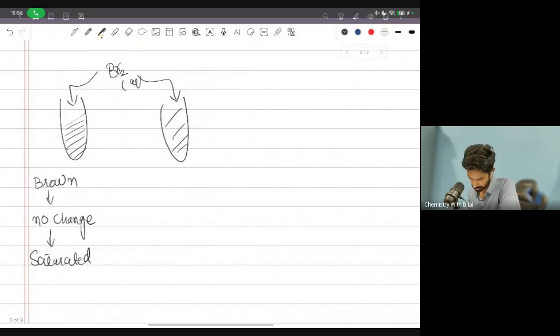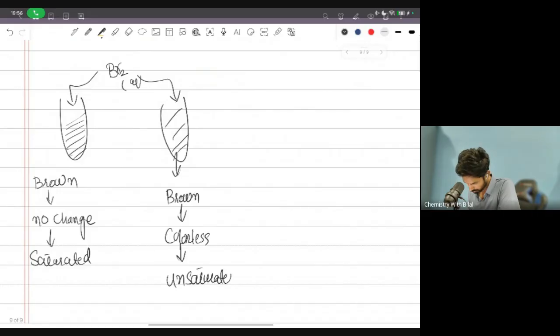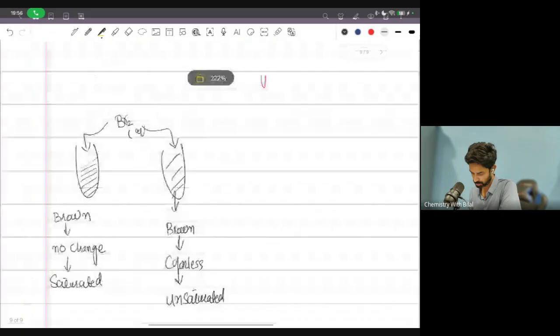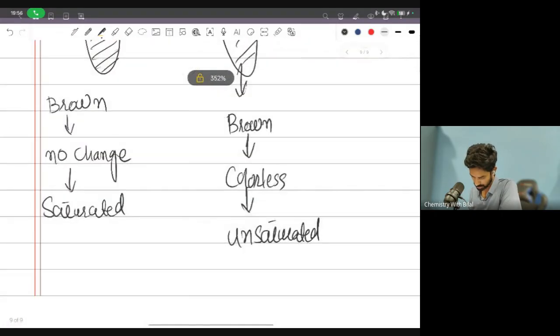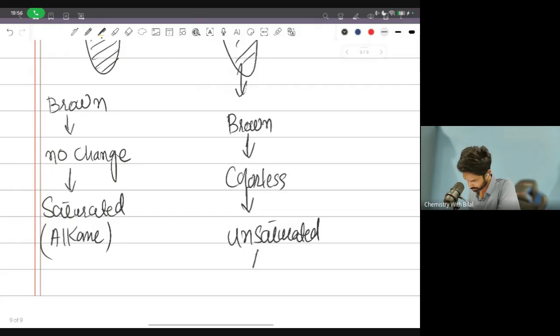If the brown color goes colorless, that means the added substance is unsaturated. Saturated means what? Alkane. And unsaturated means what? Alkene.